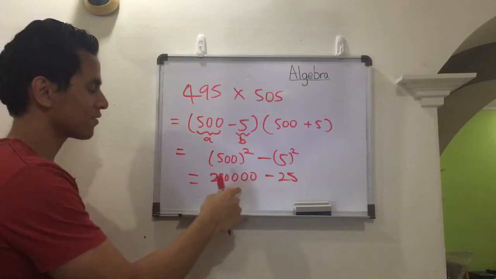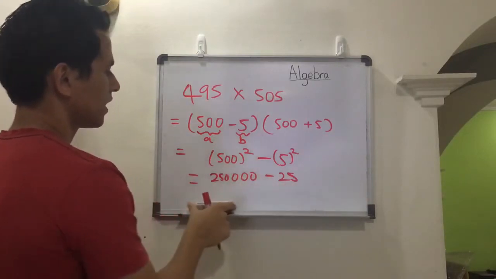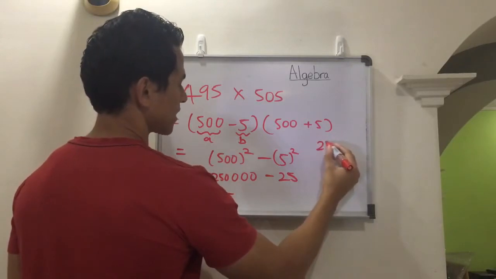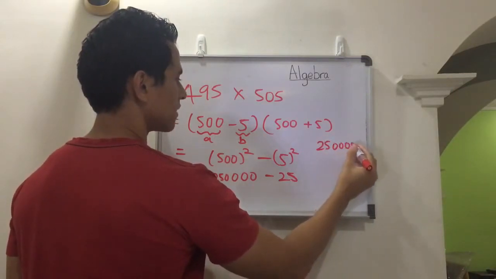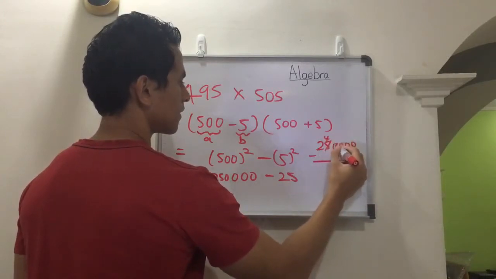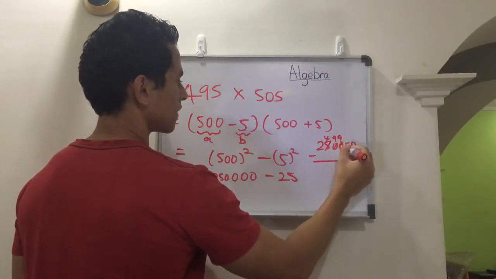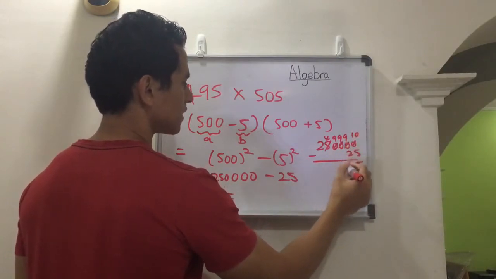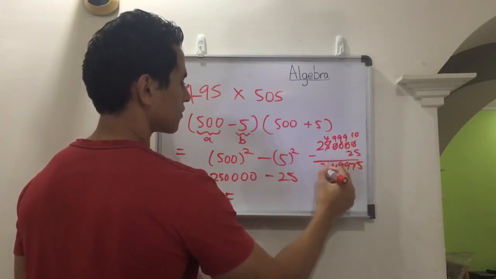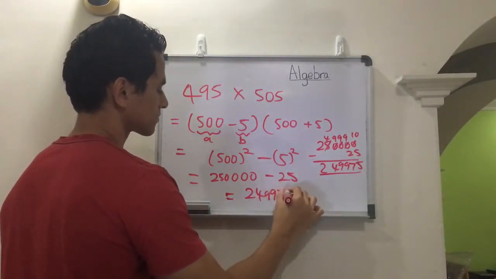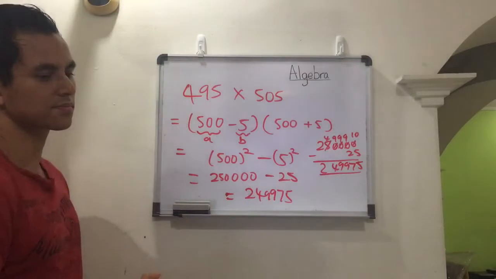So I'm going to minus 25 from this. And what do we get? So we do some calculation again. So 249,975. Okay. So therefore this is our answer. This is our final answer.